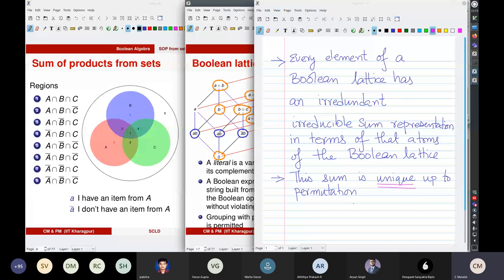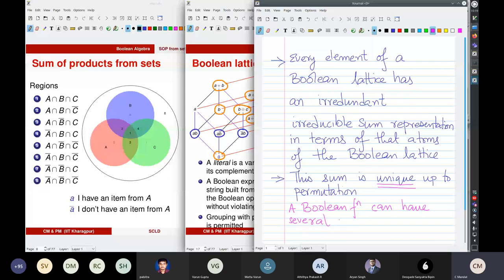You have already seen in the lab, and we have also mentioned it, a Boolean function can have several representations. We have already shown that in the class.